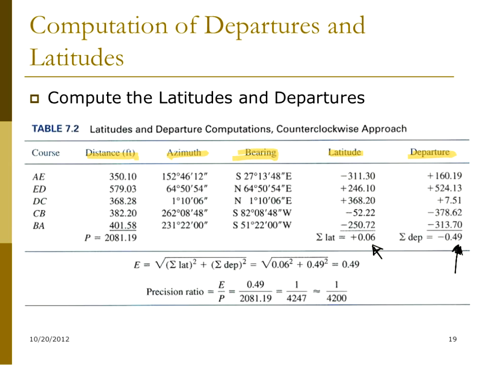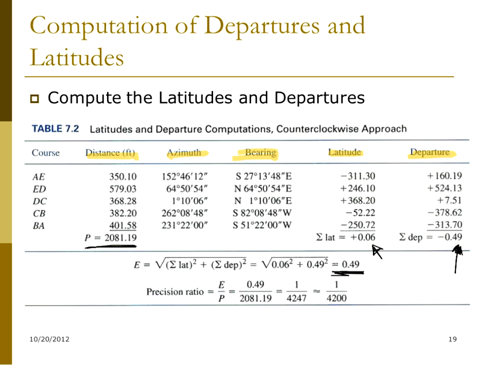So this calculation is simply the Pythagorean theorem, using the latitude and departure to determine the length of the line between where we started and where we actually finished. Our precision ratio tells us how good our traverse is. You take your error and divide it by your perimeter.